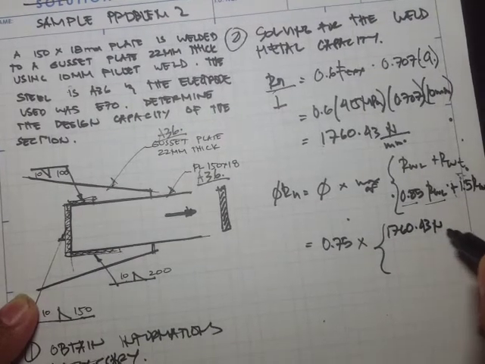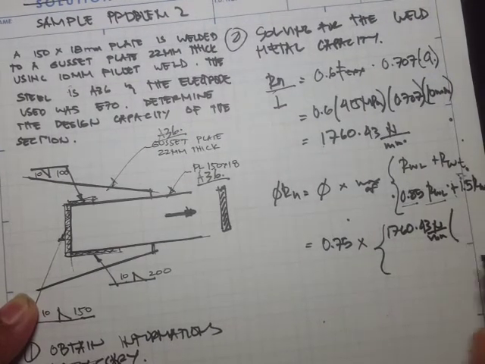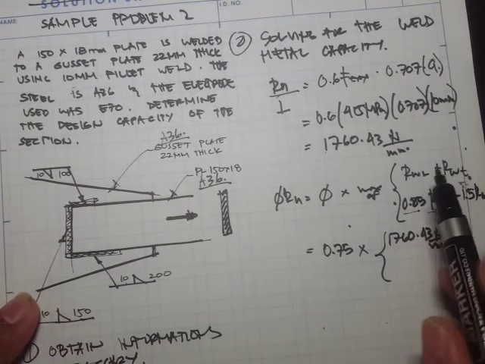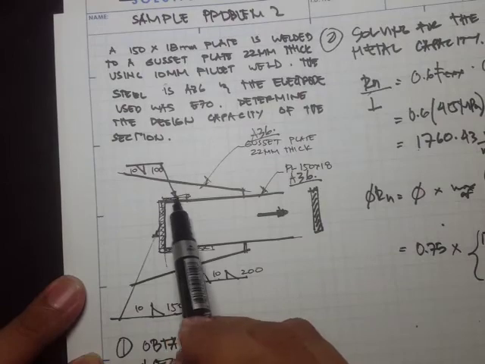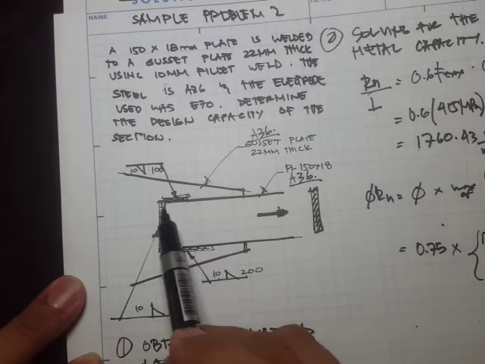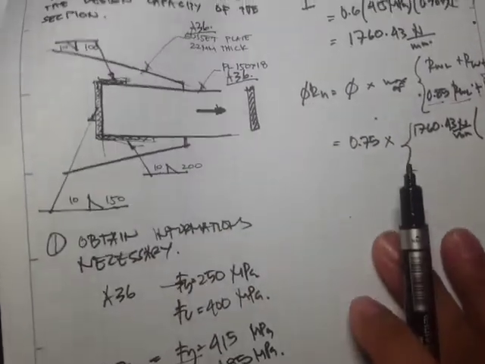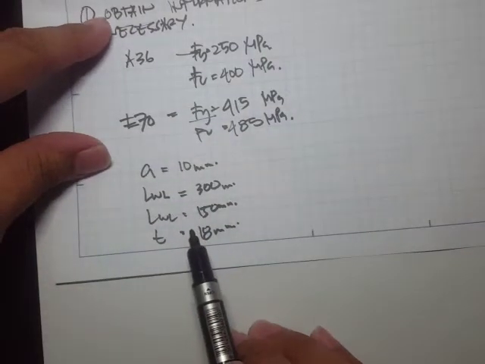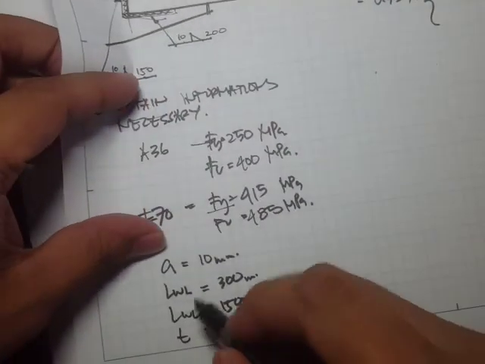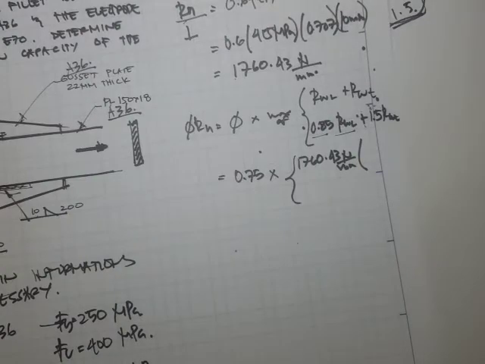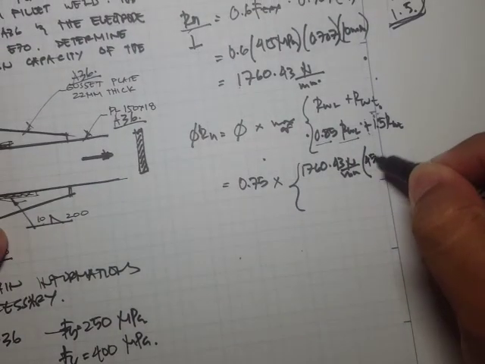Okay, so meaning that we can take this value 1760.43, in Newton per mm, and we just add the lengths: this length, this length, this length, and then this length, which is just 300 plus 150, and that's going to be 450 mm.